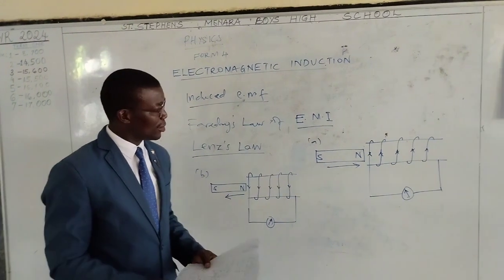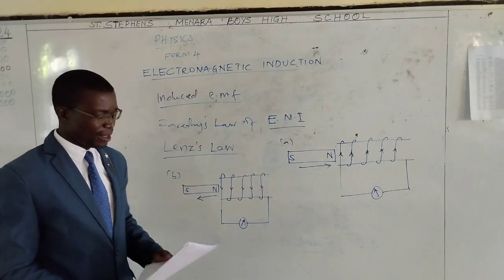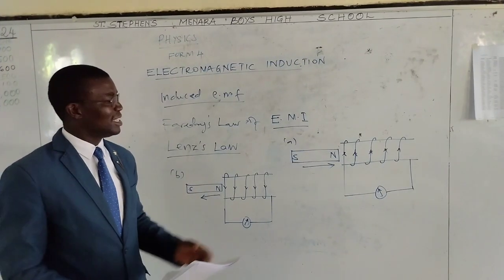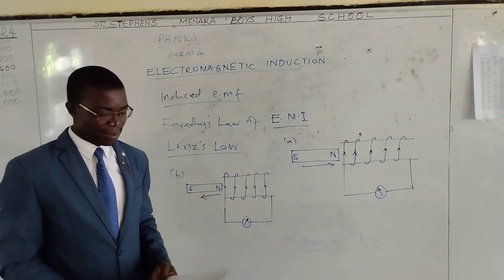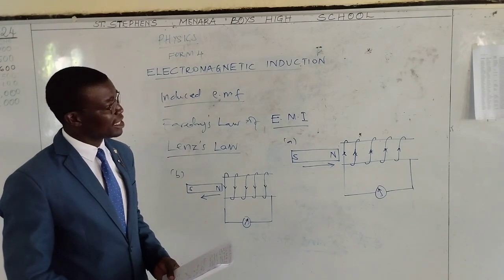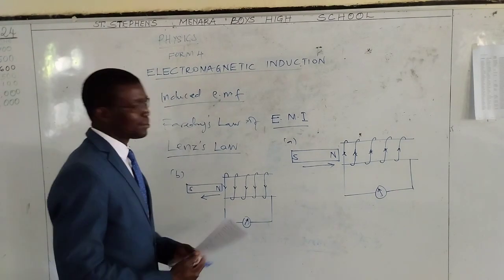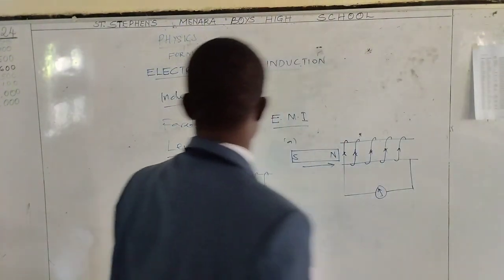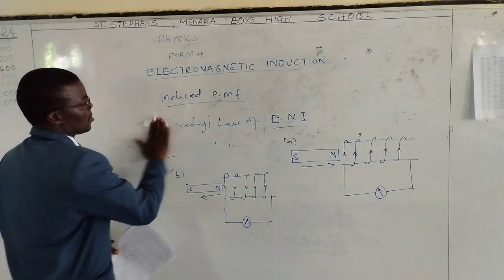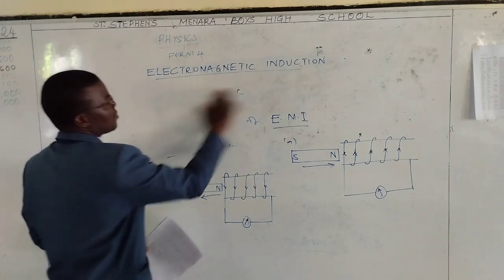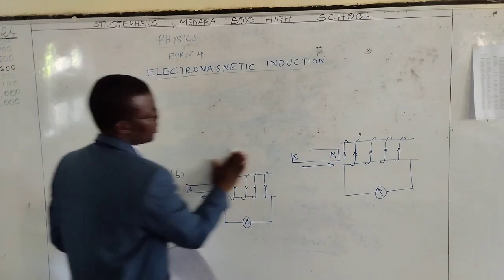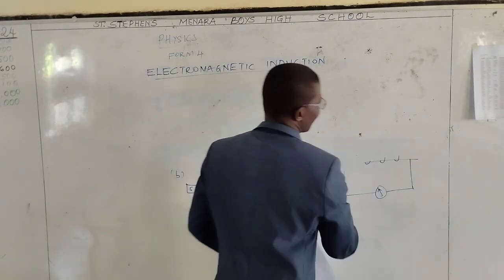Now, let us move on and talk about another concept: determining the direction of induced EMF in a straight conductor. We use Fleming's right-hand rule, also called the dynamo rule.